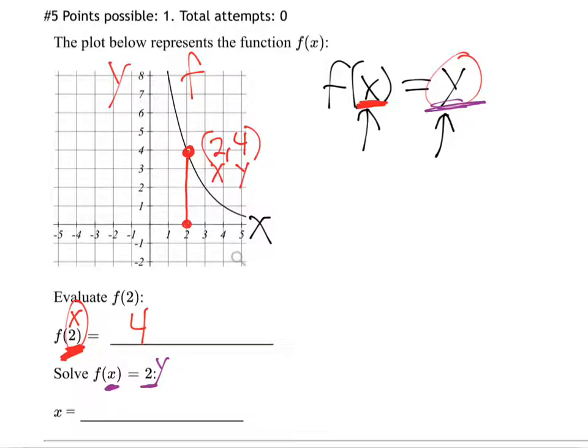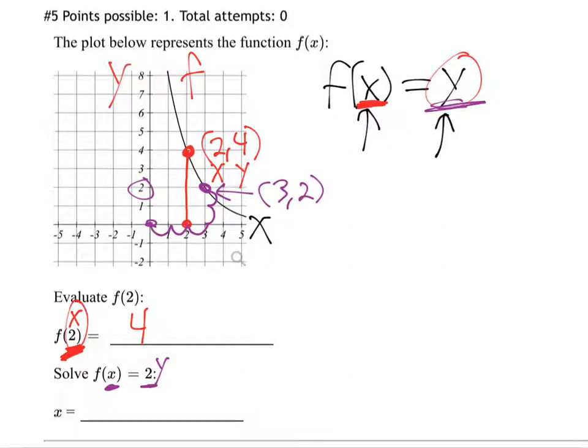So find the dot on the graph at a y value of 2. Do you see it? Right there? This is y equals 2. What are the coordinates of that point? From the origin, how do you get there? 1, 2, 3, 1, 2. Remember, coordinates are from the origin.